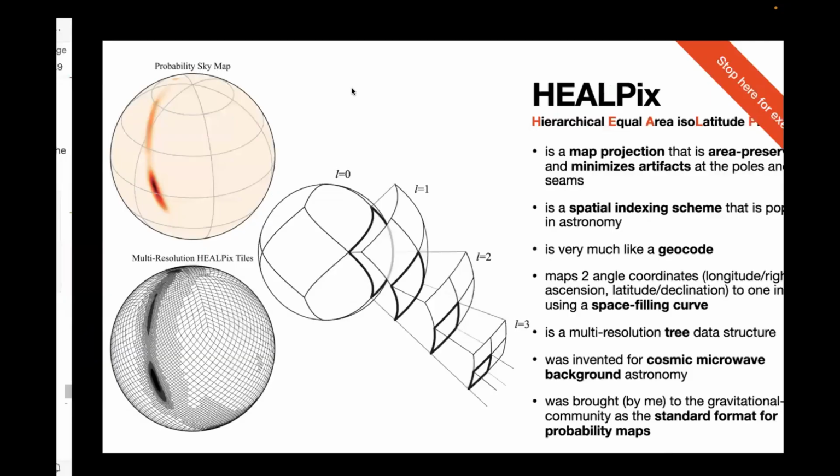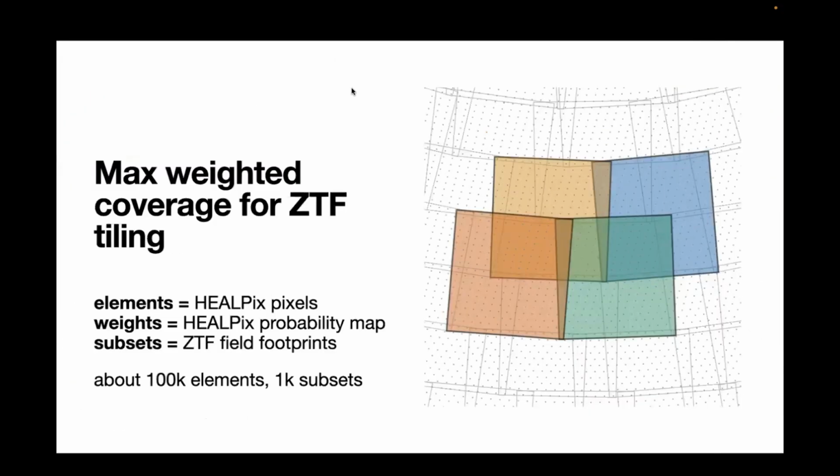All right, let's go back to the slides. The way that we use this max weighted coverage problem is that each of the elements corresponds to a HEALPix pixel, which is represented by these dots.